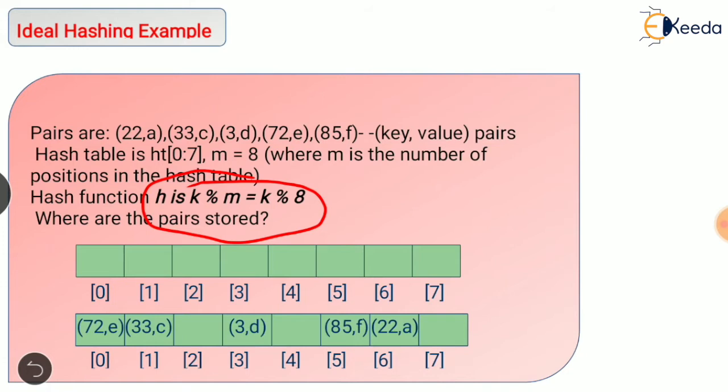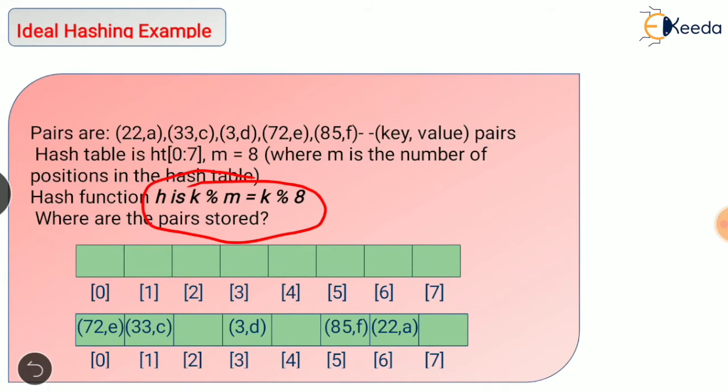Now we have the key, and we have m, that is the number of positions in the hash table, and now we calculate this value, that is key mod position, and whatever the result of this function is, at that particular position we store the value.